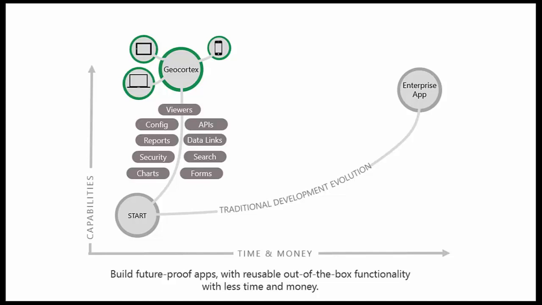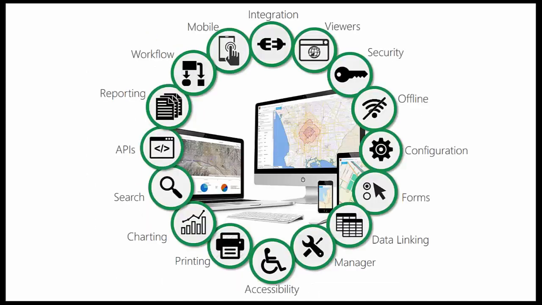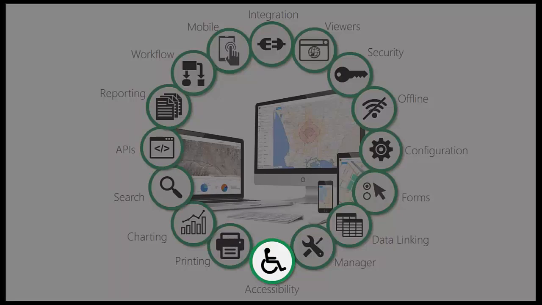And today, we're going to focus on one of those in particular. These are a few of the unique capabilities inside of the Geocortex Essentials platform, and today we're going to specifically focus our time on accessibility. We won't be talking about any of those other things. You'll have to come back for future webinars to learn more about those.